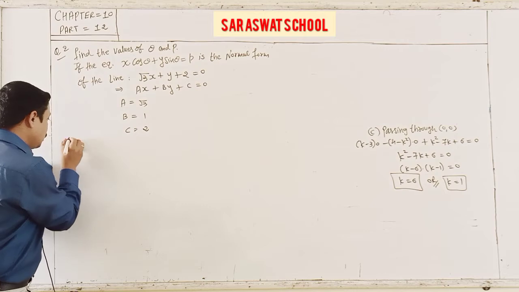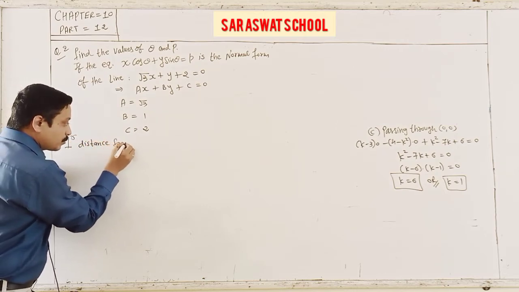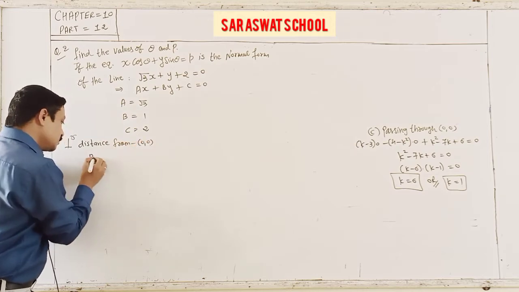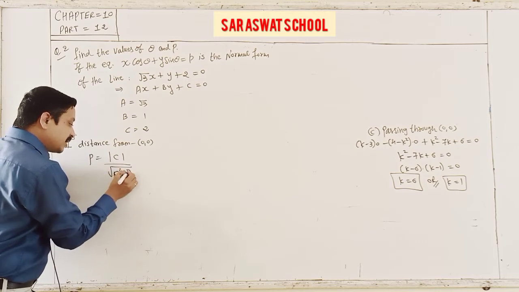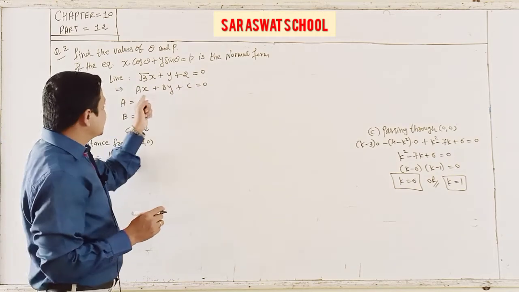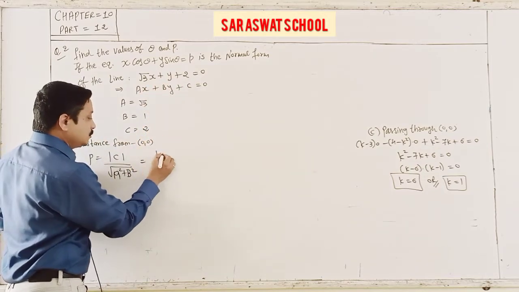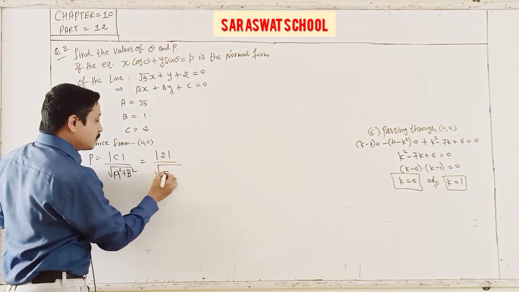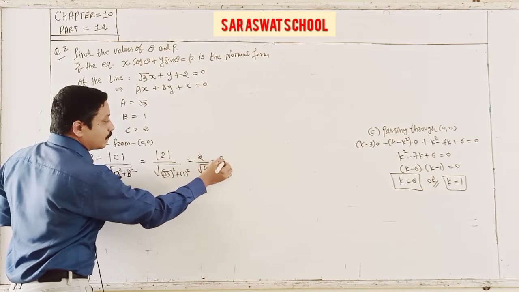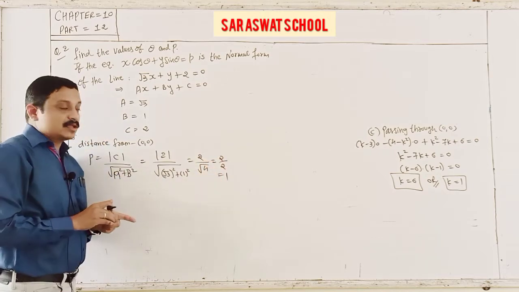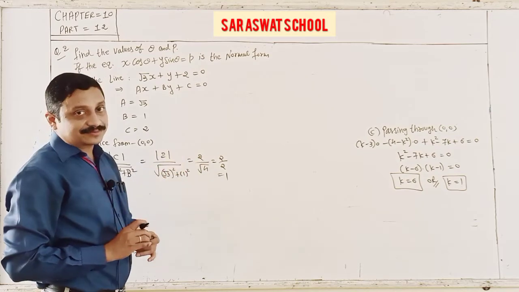So what is the perpendicular distance from origin? Modulus c by under root a square plus b square, with 0, 0 put in. What is your c? 2 by root of 3 square plus 1 square, 2 by root 4, 2 by 2, which is 1. In total you get 1.